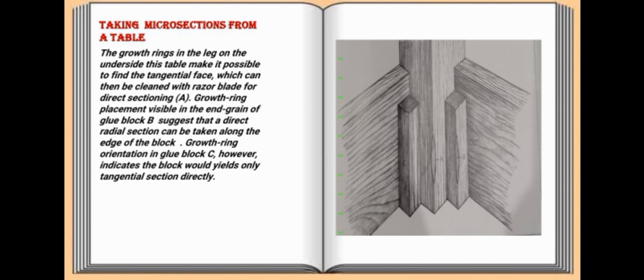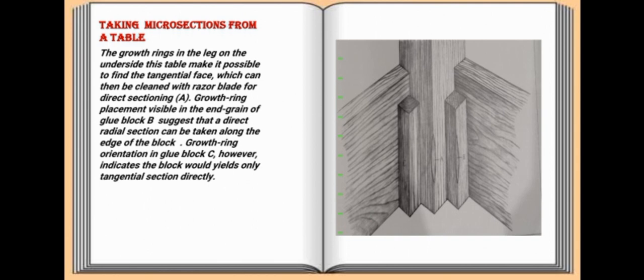A, or growth ring placement visible in the end grain of glue block B, suggests that a direct radial section can be taken along the edge of the block. Growth ring orientation in glue block C, however, indicates the block would yield only a tangential section directly, just like in the picture. There are also radial and tangential in here.